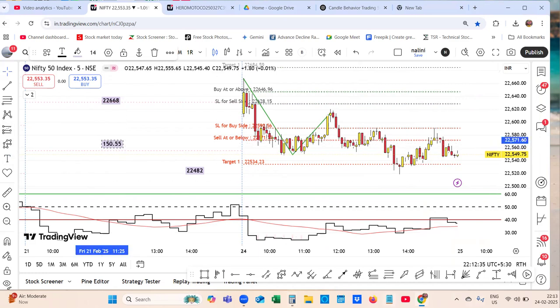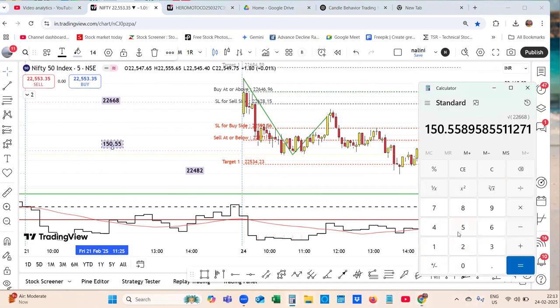Then to convert into the angle, I divide 45 by 180, and you get this value, 0.25.